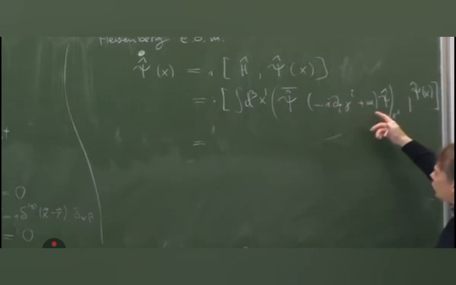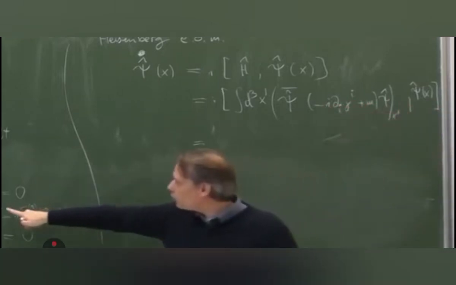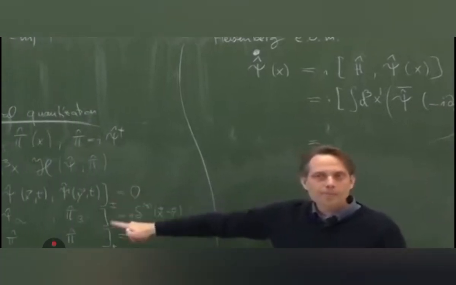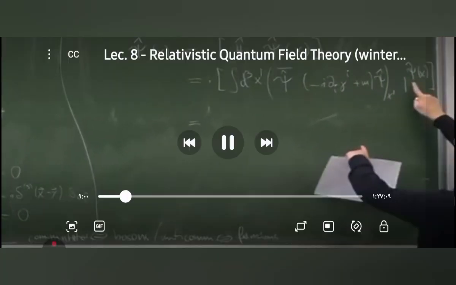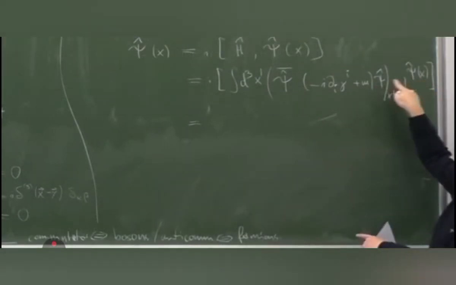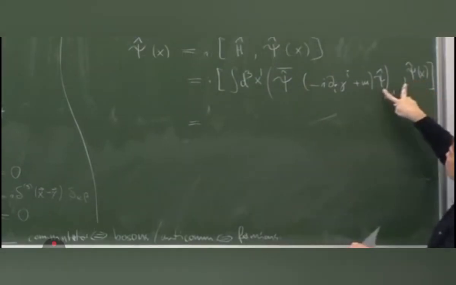Good. Now your task at home is to think carefully about how to evaluate this commutator in both cases, where you have here plus or minus. But let's quickly see what happens. So psi with psi commutes or anti-commutes, so that doesn't do anything.